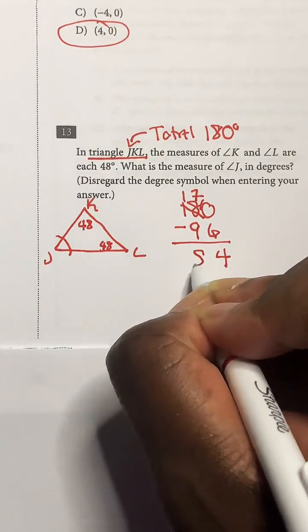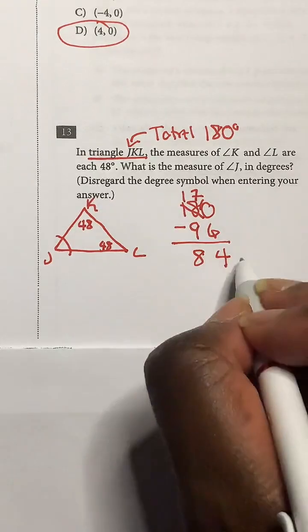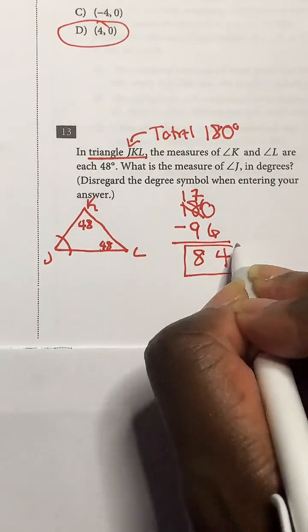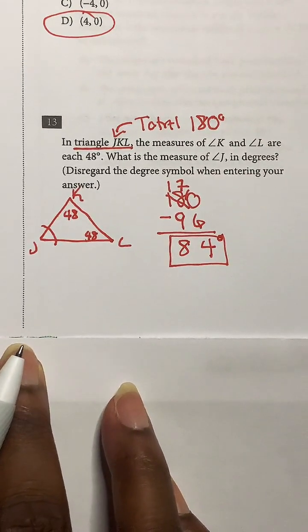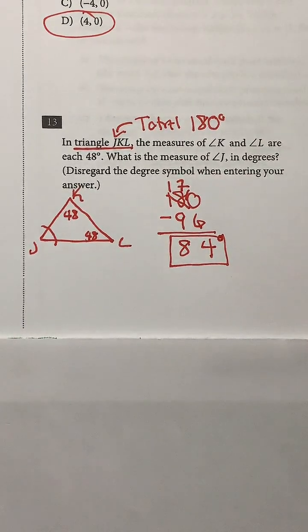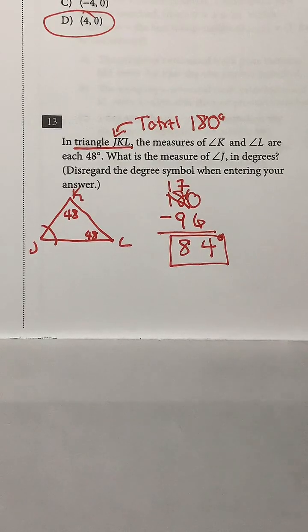We got 8 to give me 17. So it is 84 degrees. Okay, so knowing a triangle, all 3 angles total 180 degrees. If you know 2 of them, add those 2 angles up and then subtract from 180. Okay, all right.